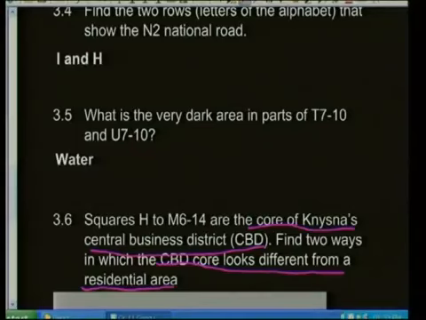Okay, your knowledge of residential areas will help you. So let's look at this. We already know that residential areas have trees around it. Okay, the density of buildings is not that high. Again, it will depend on whether it's high or low income. Low income will have it closer, right? But smaller buildings, shorter buildings. The CBD is where the central business district with all this commercial activity happening there all the time will have far more density of buildings, height of buildings, etc.